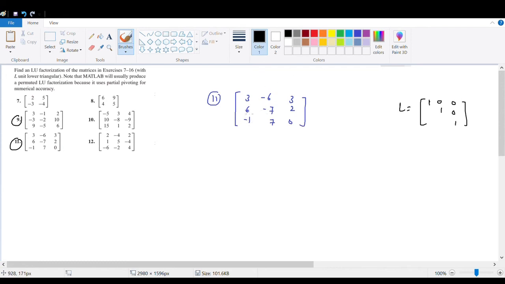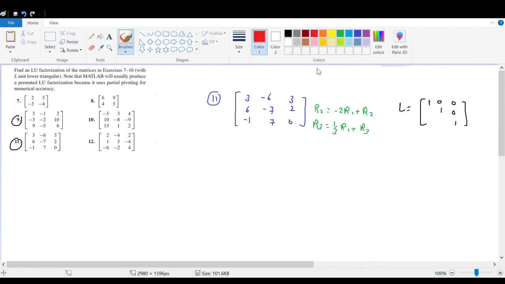So first we need to make this 5 to be 0, and -1 to be 0. So from here row 2 is equal to -2 row 1 plus row 2, and row 3 is equal to 1 over 3 row 1 plus row 3.